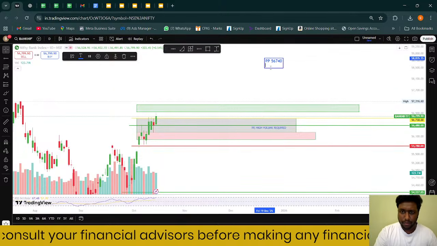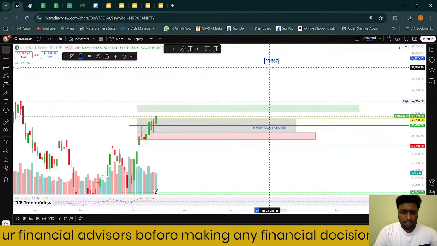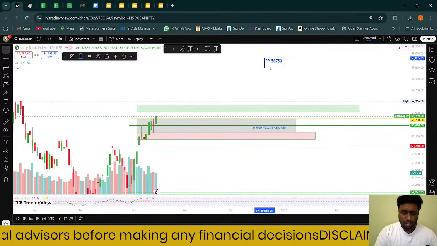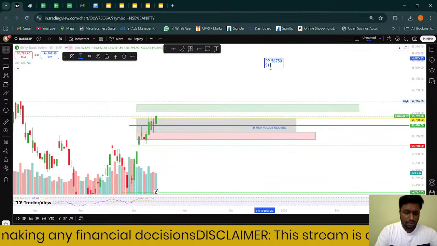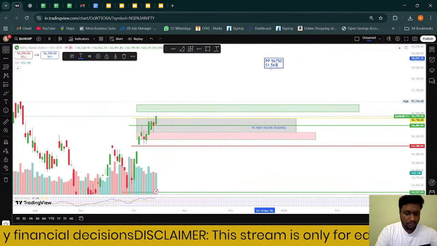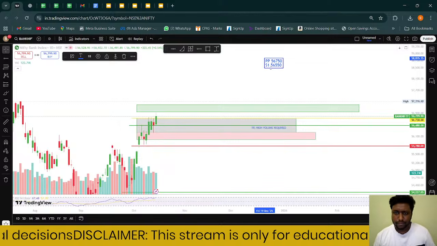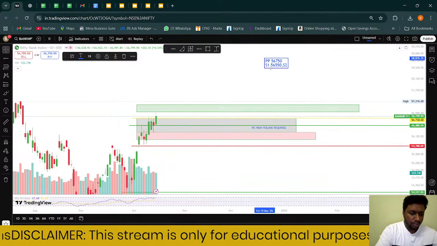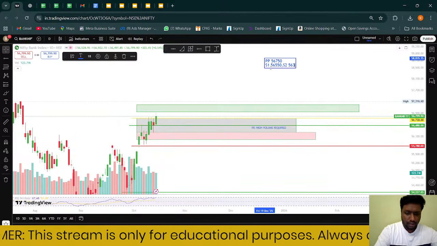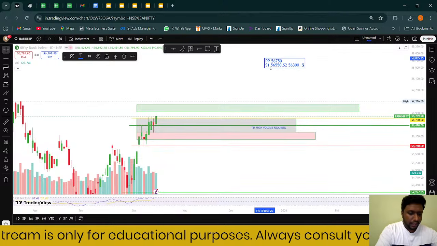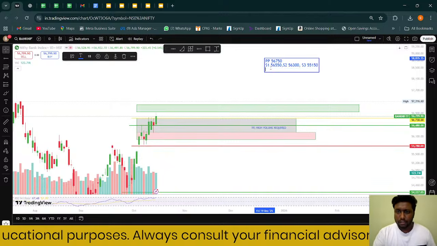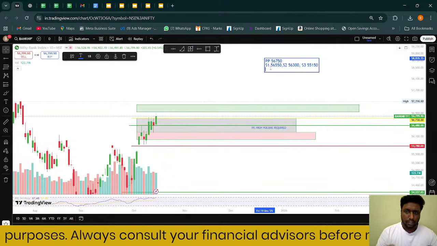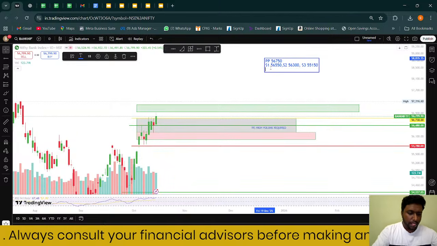This is still the PP. So let's mark 750. S1 will be at 56,550. This will be the first support. S2 will be at 56,300 and S3 will be at 55,150. So these are the three support levels with respect to the pivot point.